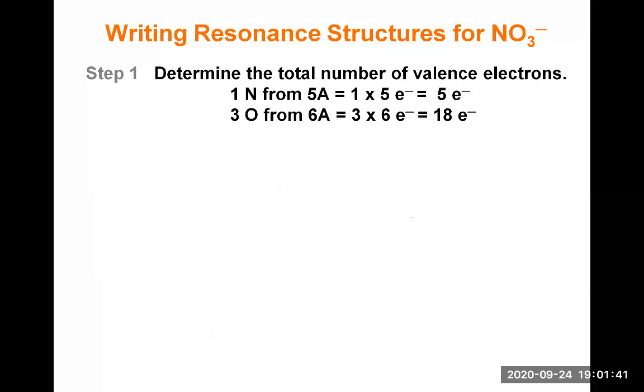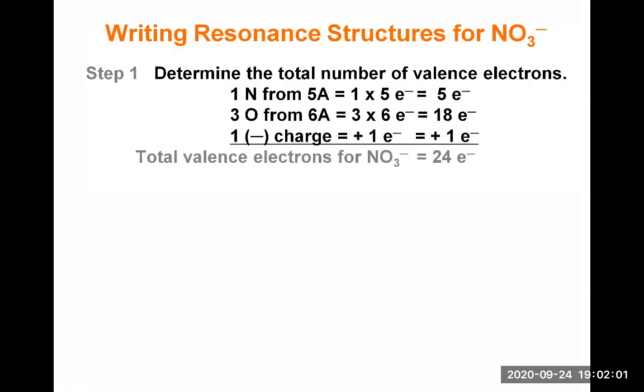And then when you have a polyatomic ion like this, you need to pay attention to the fact that there is a charge of -1. And so that 1 negative charge means there is 1 electron in excess in this structure. So you will need to add 1 electron to the total. So the total number of valence electrons for NO3 -1 is 24 electrons, right? 18 plus 5 is 23 plus 1 is 24.